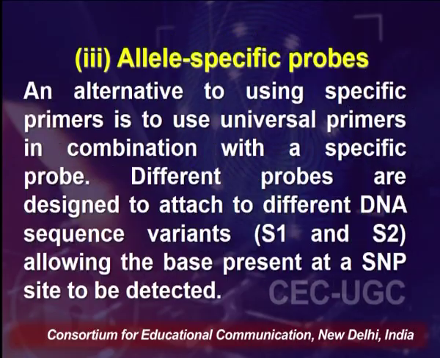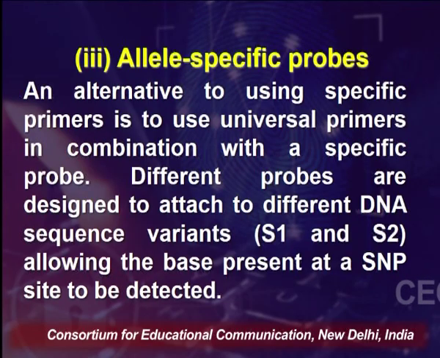Allele specific probes are also there, which are different from allele specific primers. How are they different from the primers? This is an alternative where we use universal primers in combination with a specific probe. In this case we use different probes which are designed to attach to different DNA sequence variants, and they allow the base present at the SNP to be detected.